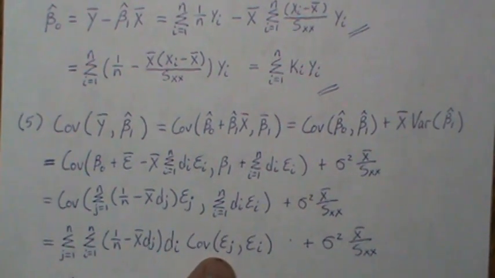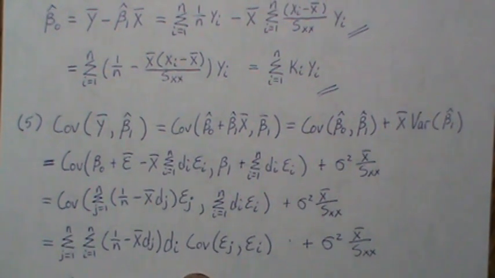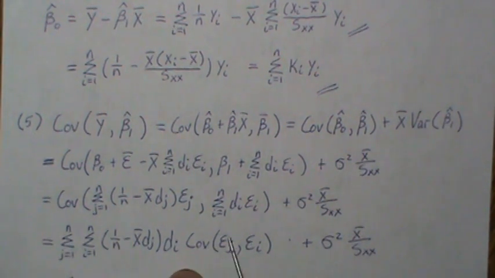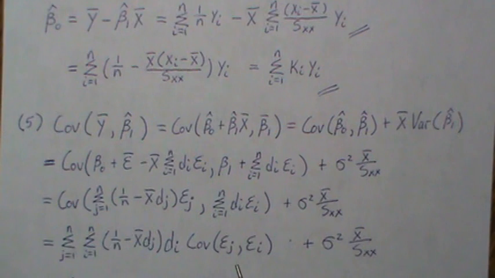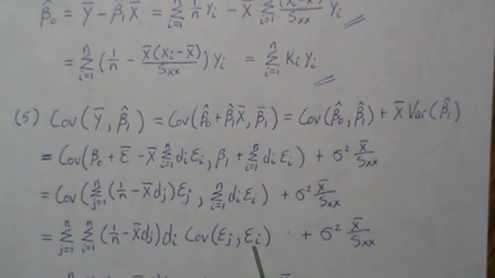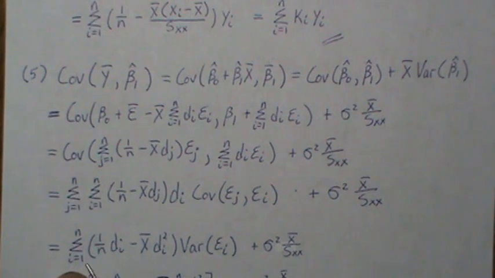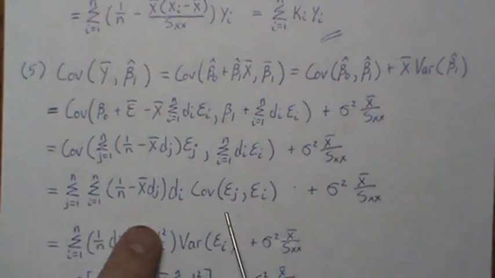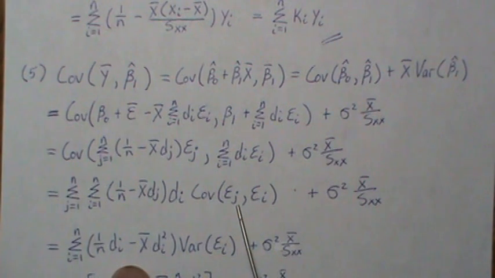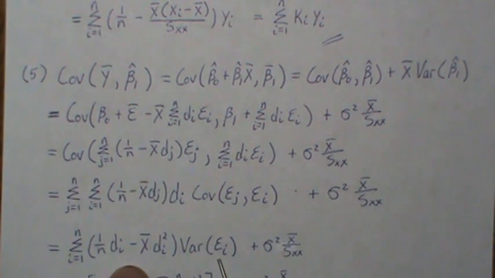But standard assumption number 3 says the covariance of any two epsilons, or the error terms, is 0. So whenever i and j are not equal, this is 0 and it doesn't contribute to that sum. So really we can think of that as one sum, just from i equals 1 to n, of this sum. And of course the covariance of epsilon i and epsilon i is the variance.